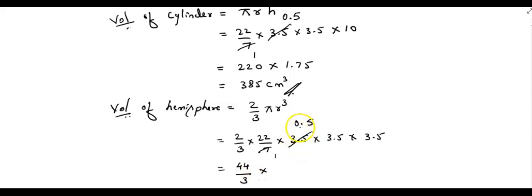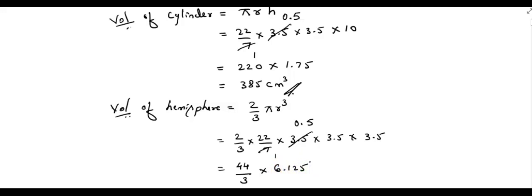Can you multiply 0.5 into 3.5 into 3.5? Because in 3 tables it doesn't go, right? So just I have taken 44 by 3 as it is. Now multiply 0.5 into 3.5 into 3.5. What is the answer?